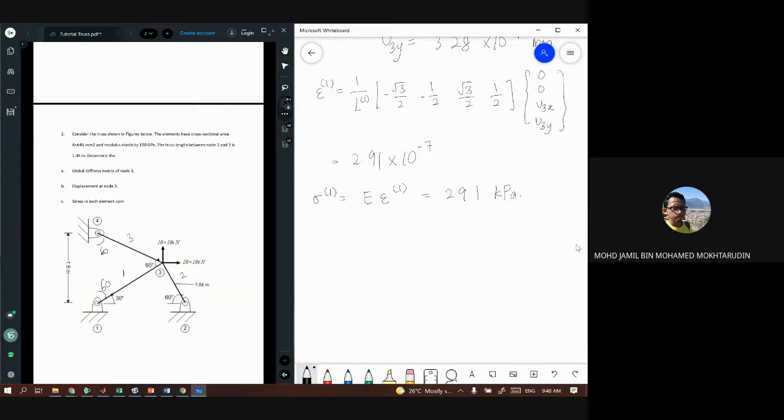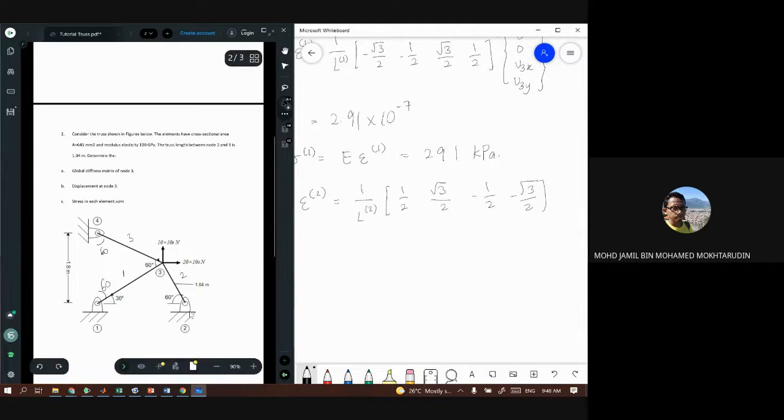Okay, then repeat for element number 2. Negative cosine, negative sine, multiplied by displacement of node number 2 and node number 3.